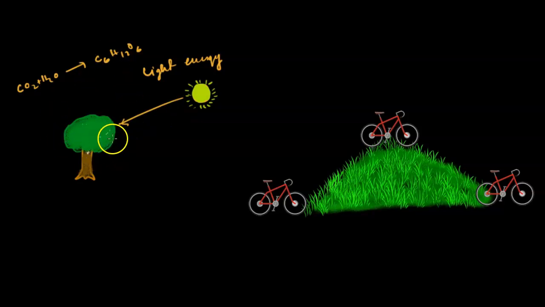And when any animal eats the carbohydrate, it gets the energy. You can see the light energy has changed into chemical energy. So we have not produced any energy. The plant is not producing any energy, but rather changing the light energy into chemical energy.